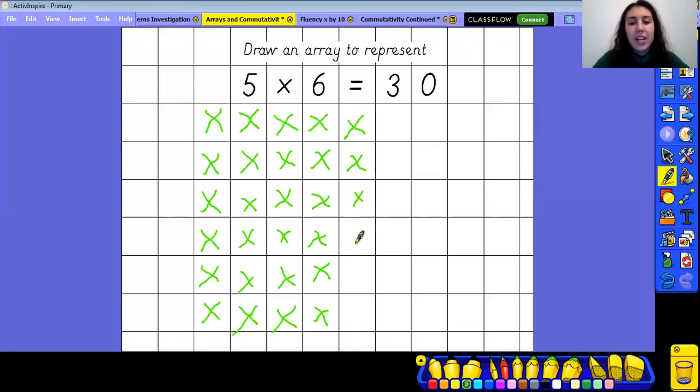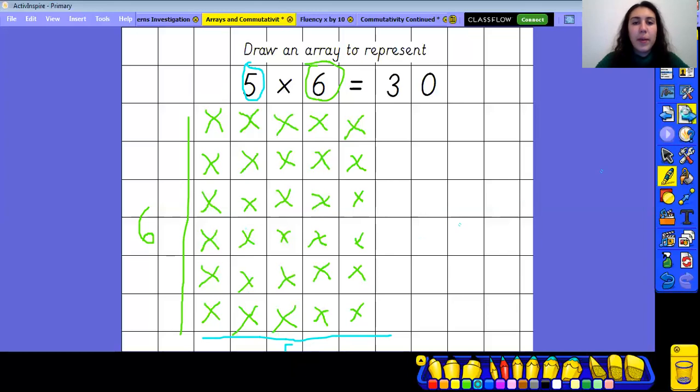So what you might actually notice when you do your arrays is that on one of the sides, I will have the same number as one of the factors. So here I've got 6, and you will notice that going down, I've got 6. And then here, my other factor is 5. So then going across, I've got 5 there.